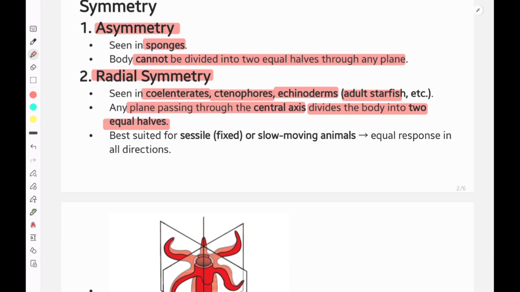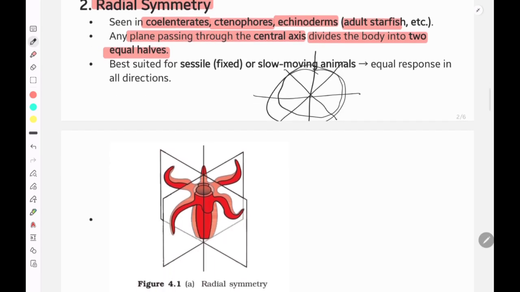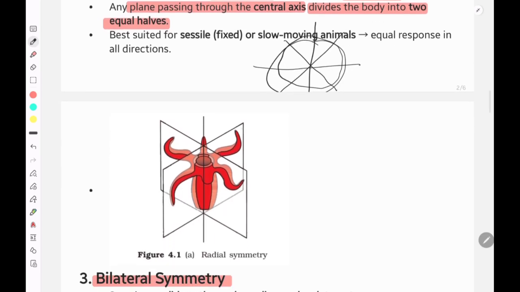You can understand it by the example of a watermelon. If a watermelon is cut from any side, the two halves will look similar, right? It can also be seen in this organism.